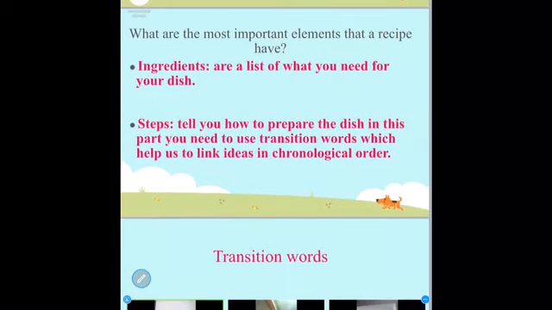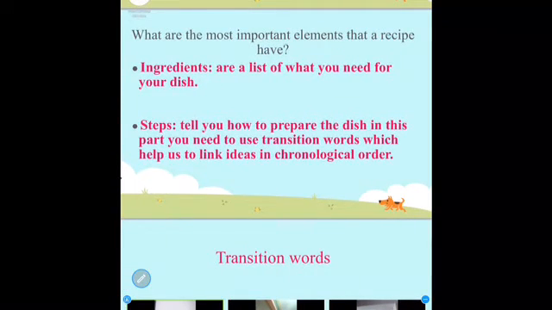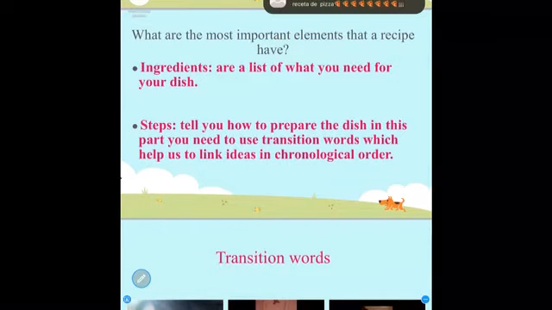What are the most important elements that a recipe has? One is ingredients. Who knows what are ingredients? What's the meaning of ingredients, guys? Exactly, ingredients are a list of what you need for your dish.